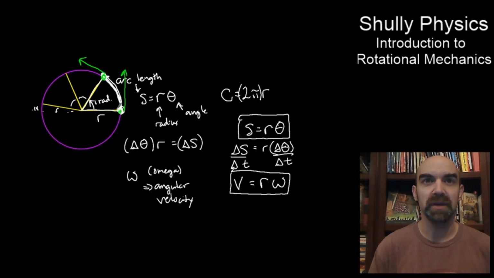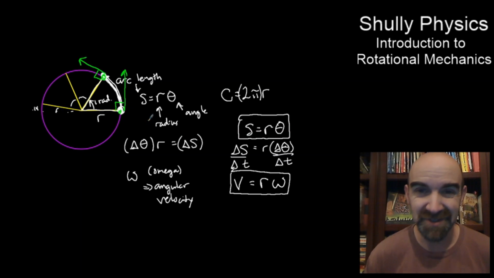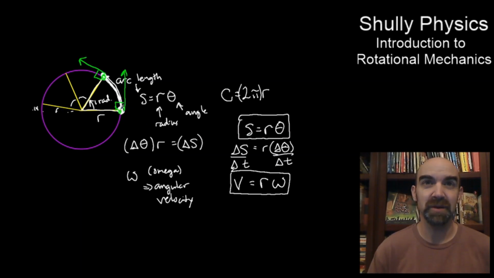And you should note that the radius and the direction of the velocity are always perpendicular to one another. In fact, radius actually is a vector. Radius goes from the center of that circle to the outside. It's always going to the outside like that. The radius and the velocity are always perpendicular. That makes this velocity, to give it a direction, a tangential velocity, because this is a tangent arrow, a tangent line.